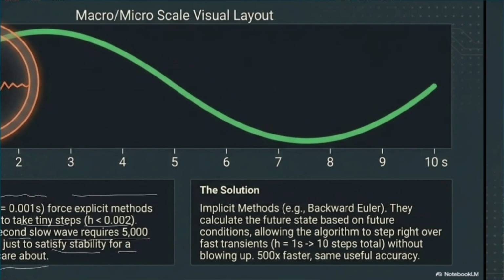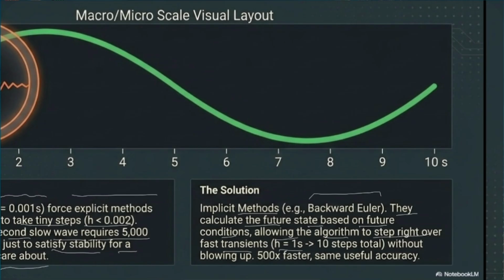But what is the solution? The solution is something we call an implicit method, something like backward Euler. You can read about it; I just want to bring it up. It's mostly FYI. At this point, we calculate the future state based on future conditions, allowing the algorithm to skate right over the fast transient.